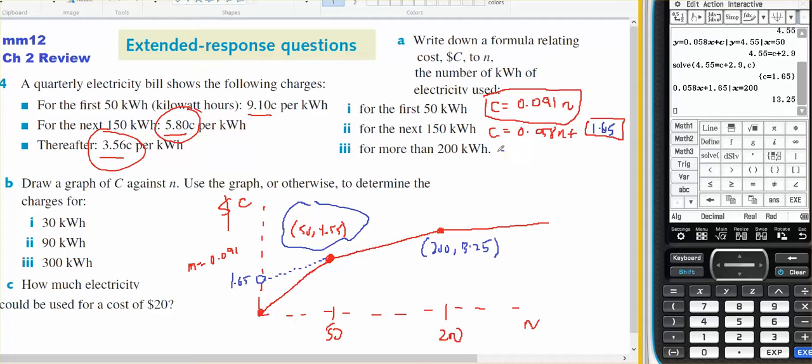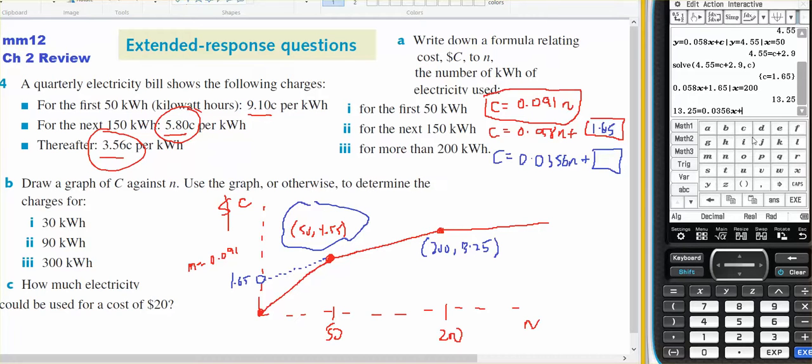The third part of the rule would be c equals 0.0356 n plus some constant, and I'm going to use this point here to work out what that constant would be, and I've got 13.25 equals 0.0356 x plus some constant c, and I'm going to go solve given when x equals 200.